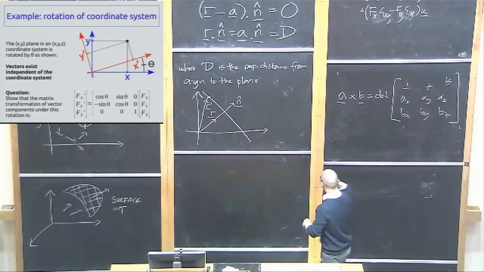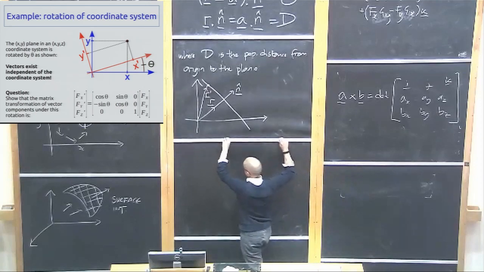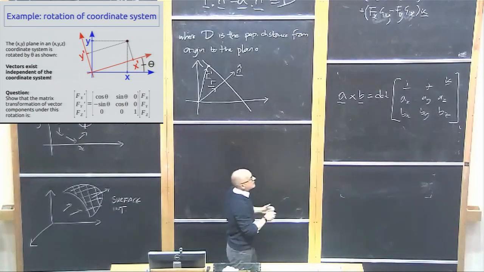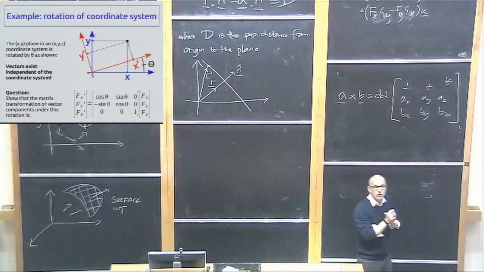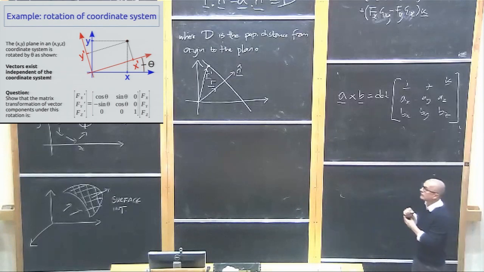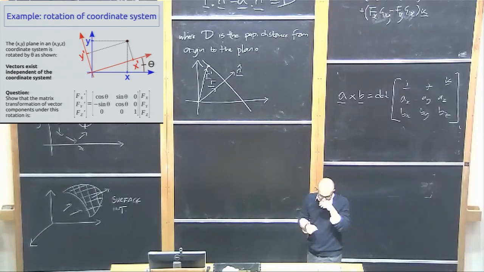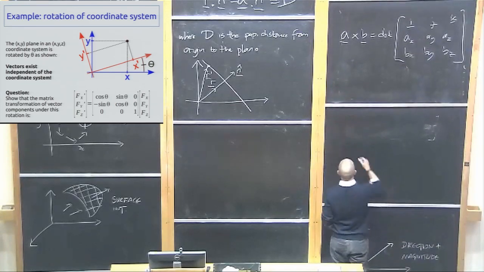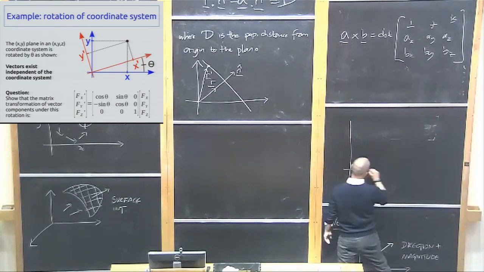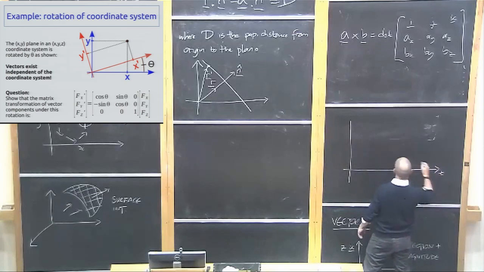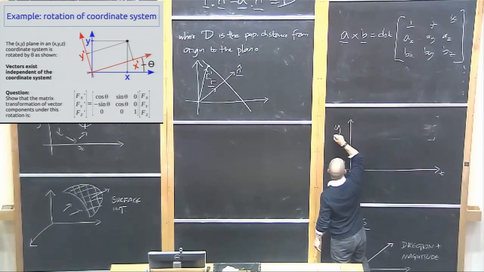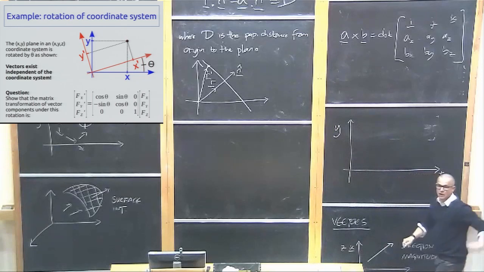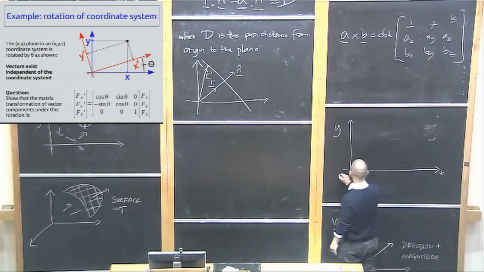Just to prove that vectors are independent of the coordinate system, and to give the useful example of the rotation of a coordinate system, what we want to do is imagine that we have a coordinate system which is initially given by x and y, and we now rotate this coordinate system through some angle.